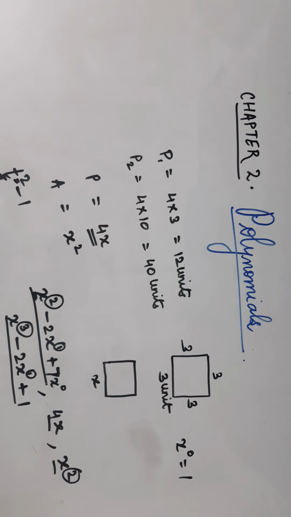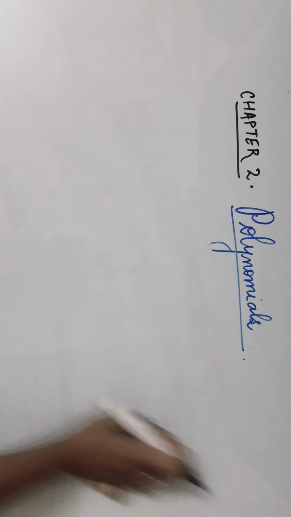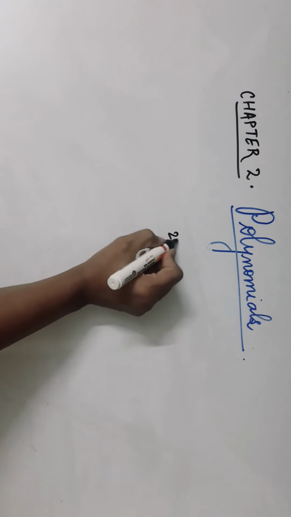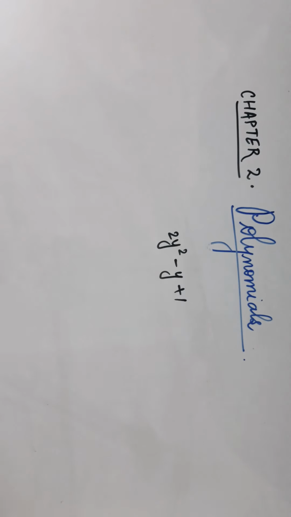The variable is t, so it's polynomial in t. Okay, same way 2y square minus y plus 1, it is also a polynomial in y. You can observe the power is a whole number. Okay, so it's a polynomial in y.